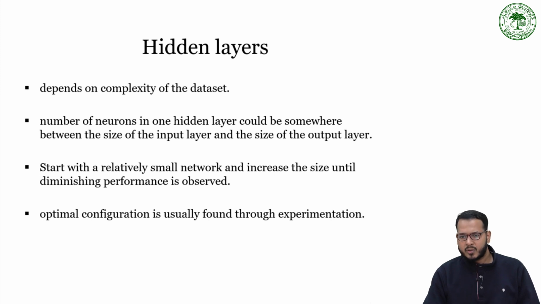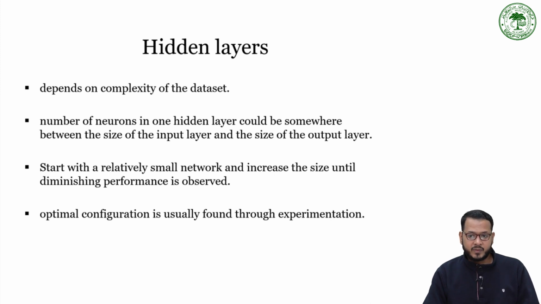Moreover, the number of neurons in each hidden layer often falls between the size of the input layer and the size of the output layer. We gradually scale this network. We start from a minimal network initially, and then we gradually increase it until we get the desired performance.